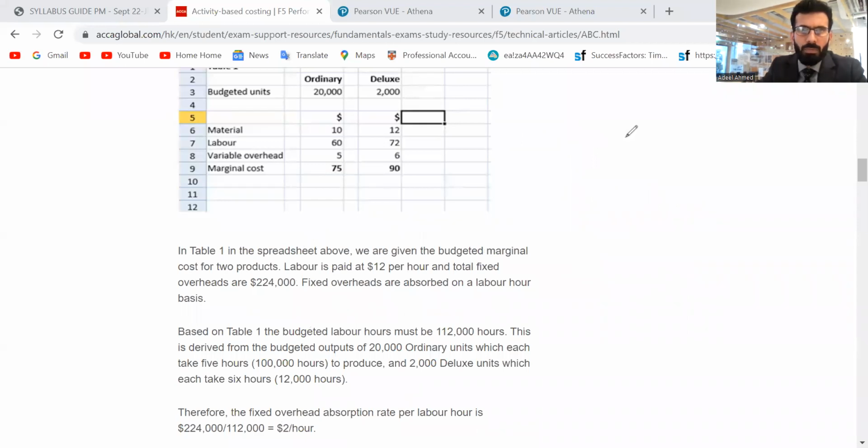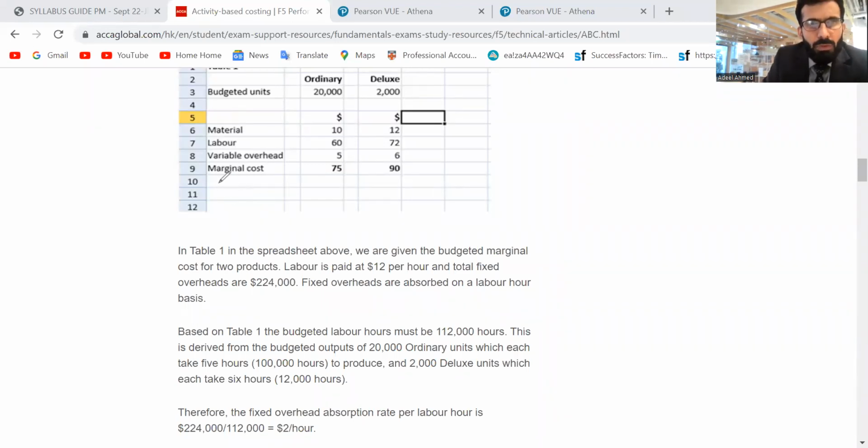The overhead absorption rate turned out to be $2 per hour. As we discussed, total overheads divided by the labor hours gives 2 per labor hour. Now we have to calculate the total cost, because marginal cost is already given.